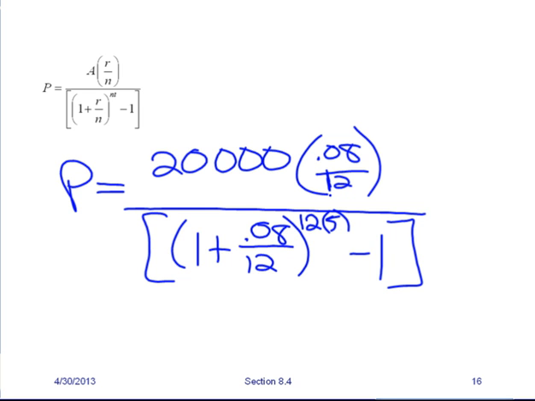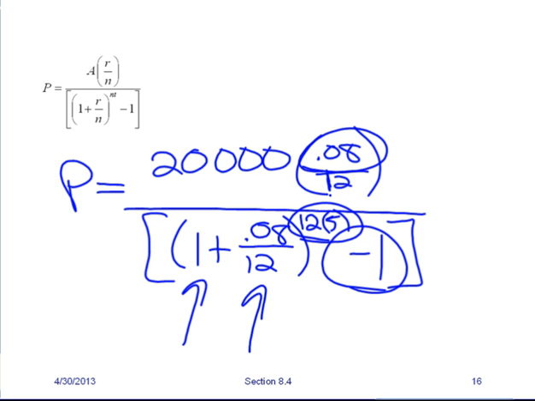Okay, same idea. You're going to do the top separate from the bottom. Leave as much in your calculator as possible. Again, you start inside the parentheses, do the 0.08 divided by 12, then add 1, then raise it to the power, then subtract 1. Write that number down with as many decimal places as possible. Take 0.08 divided by 12, then multiply by 20,000.